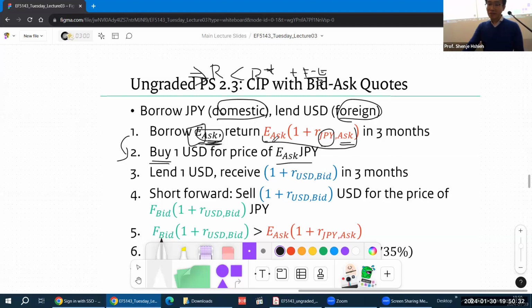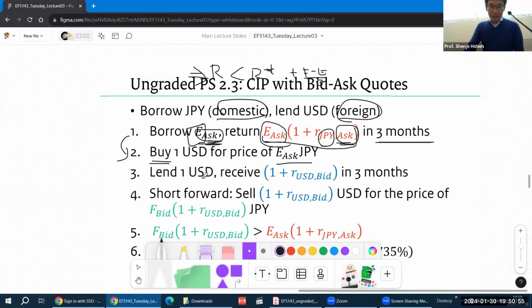Great, but we have to return interest on that loan, and we must return at the ask price because the market maker wants to lend you at the highest interest rate possible, right? Which is the ask price. So that liability will be due in 3 months.